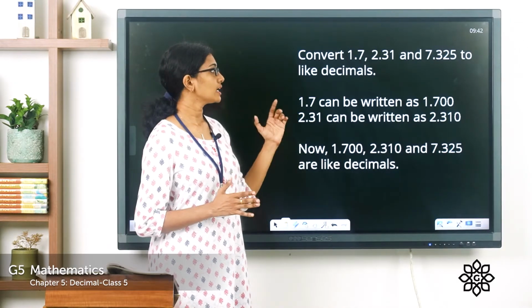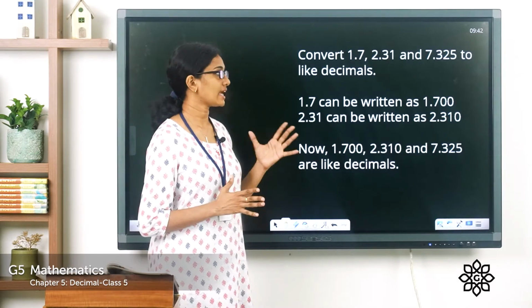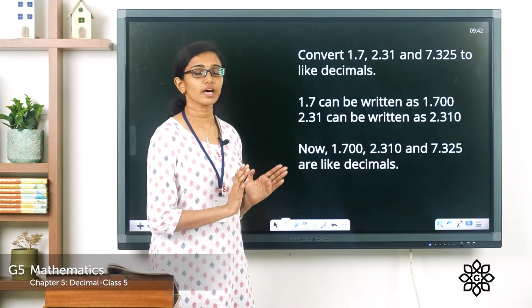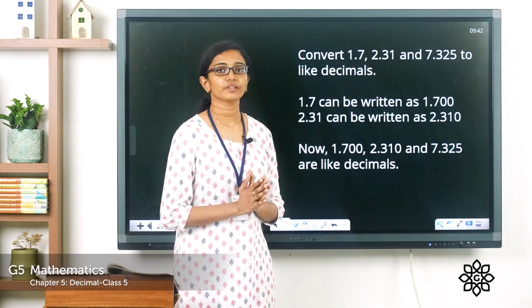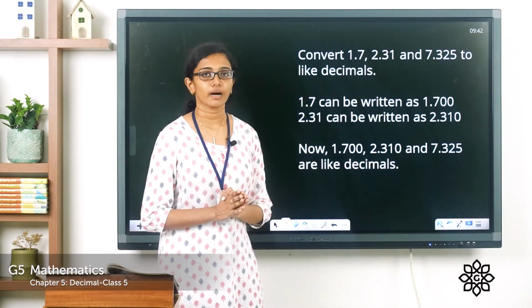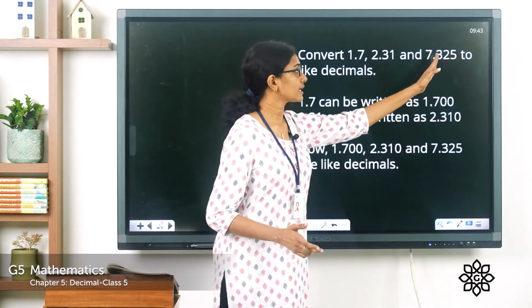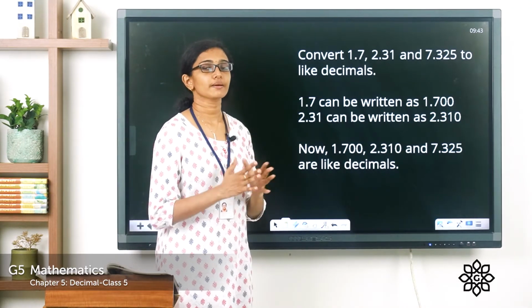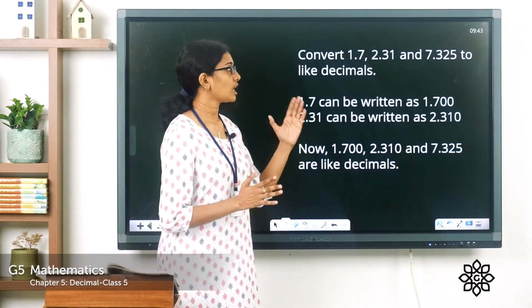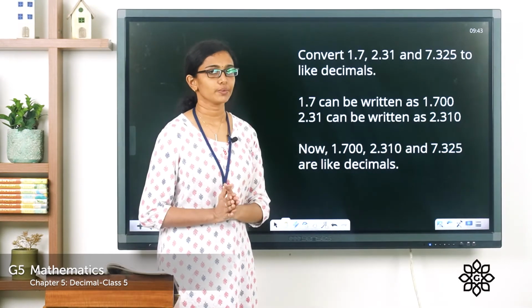We can convert these unlike decimals to like decimals by adding zeros to the extreme right, so that the number of digits in all the given numbers will be equal to 3. Why? Because 3 is the maximum number of digits after the decimal point in the given numbers. I hope you are clear with this now.